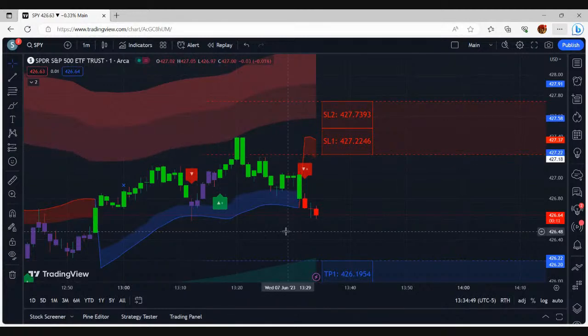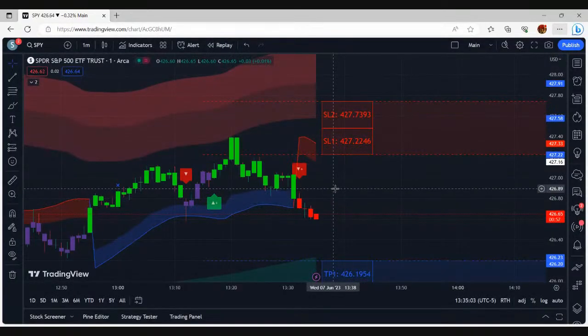Just want a drop here so I can get safe, at least get a little bit of profits out. Just a little bit more of this candle drops. Oh, come on. Just want to get like 121 or something, just to get some profits here.